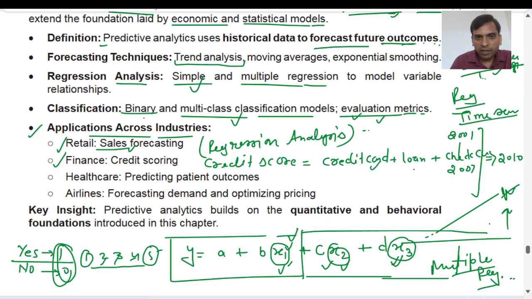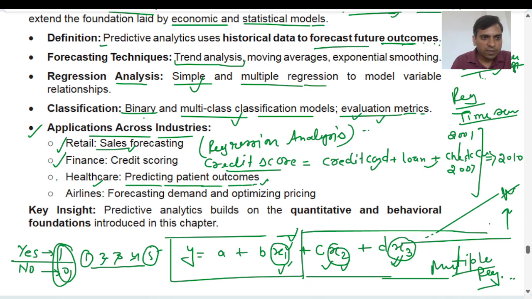So multiple factors are there, and this is also based on regression analysis. And in healthcare, predicting patient outcomes, just like in the case of COVID-19, the impact of COVID medicine or COVID vaccine, positive or negative, whether the outcome is favorable for the patient or not favorable for the patient.